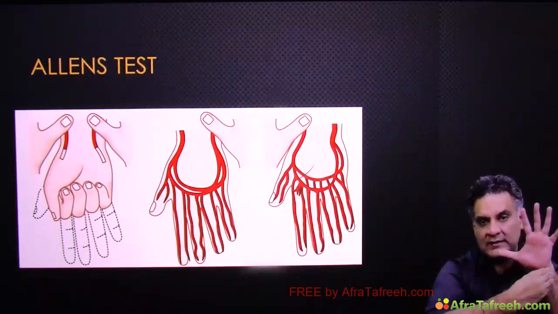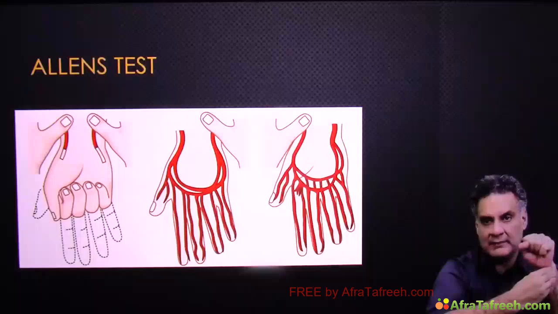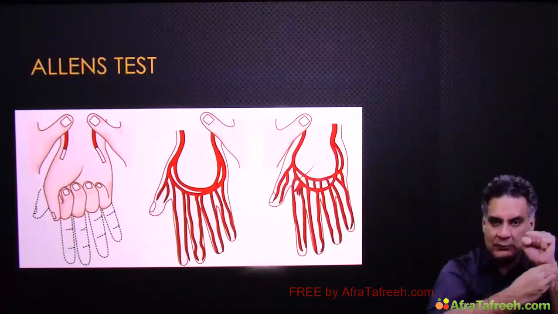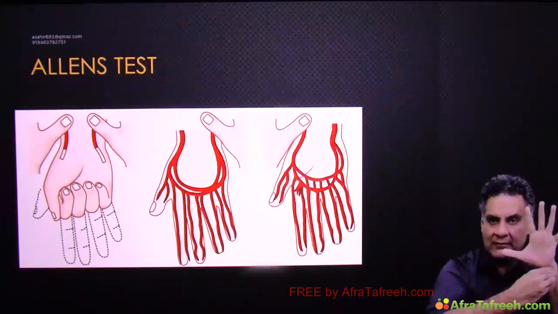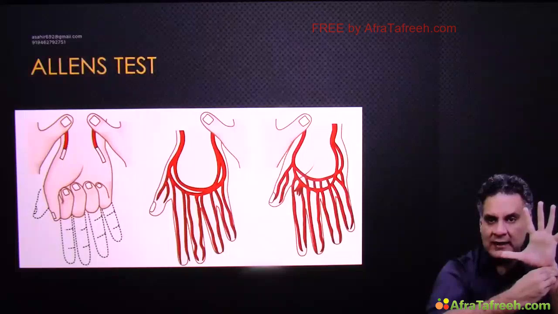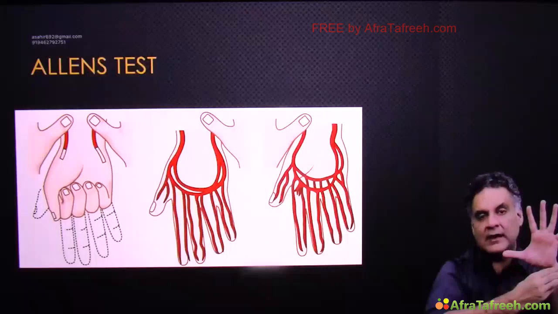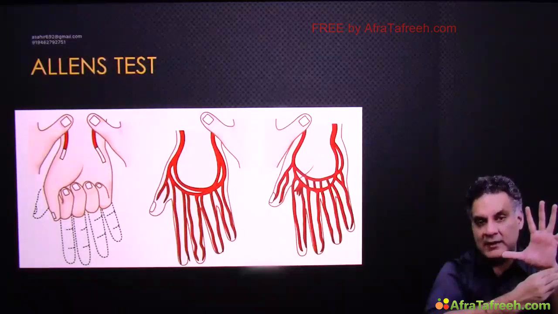Now what I do is, again compress it, make a fist multiple times, and when I do that, I press both the areas. Now I have a pale hand. Now I'll release the ulnar circulation, maintaining the radial compression. Is the ulnar artery patent? If yes, it means I can take the samples from the radial artery or do radial artery cannulation.